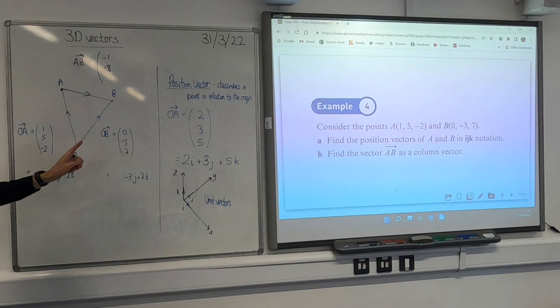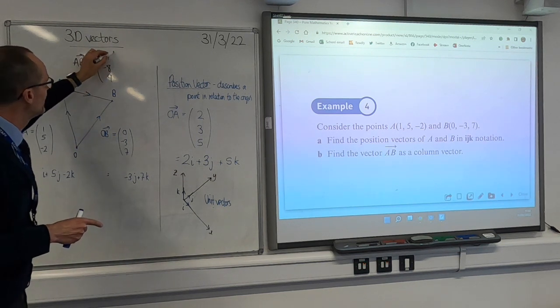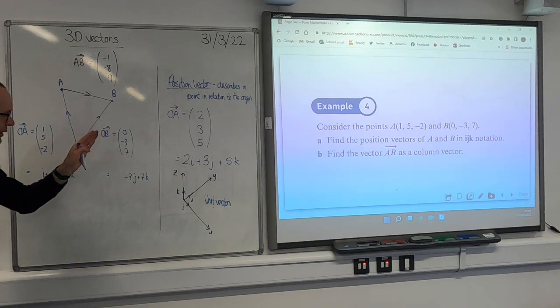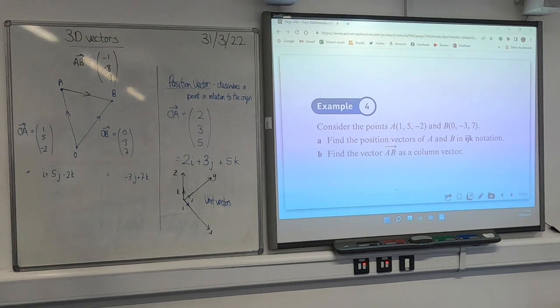And from -2 to 7, we've actually gone up 9. So that journey there is just the difference. And the arrow is important because we would have got 1, 8, minus 9 had we been asked what's the vector B to A.